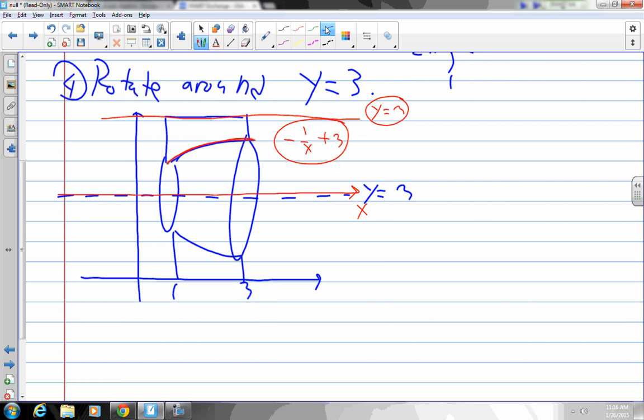We'll do the volume equals pi, still the integral from 1 to 3. Now in this case, the outer radius of revolution is 3, minus the inner radius, which is the curve, and I can write it as 3 minus 1 over x, quantity squared, dx.